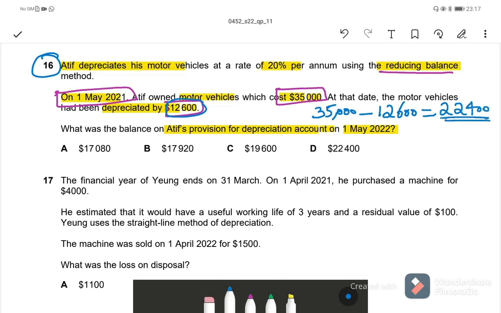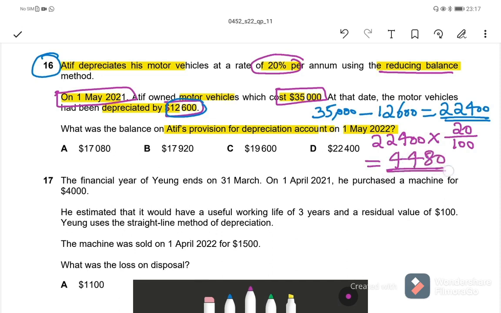So the depreciation of this year is 22,400 multiplied by the percentage of depreciation, 20 divided by 100. 4,480 is the depreciation.